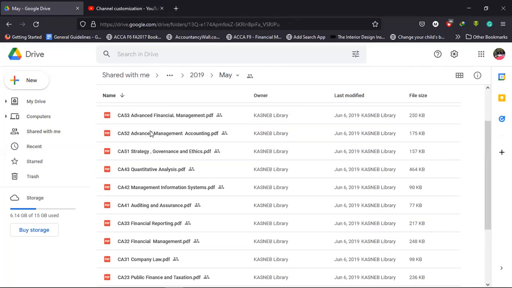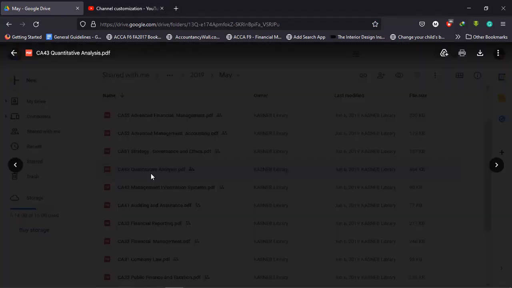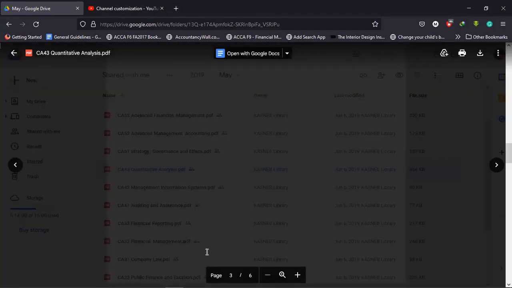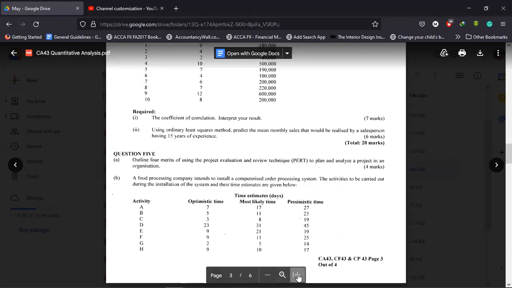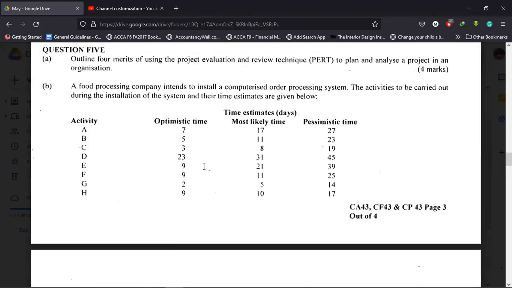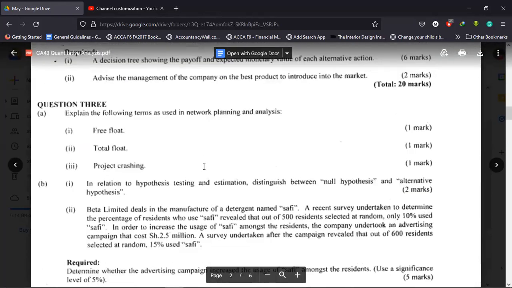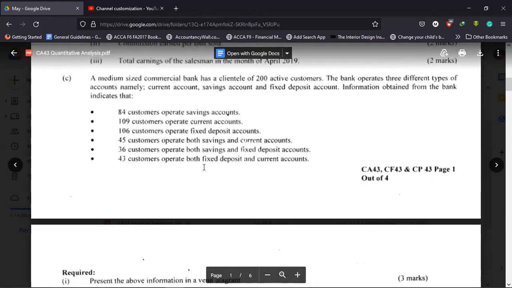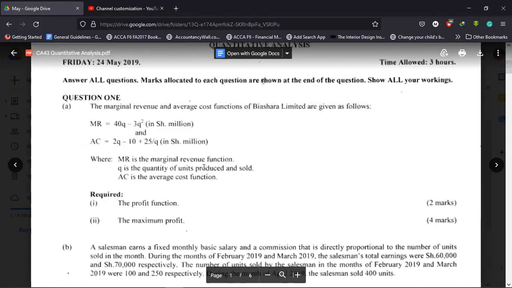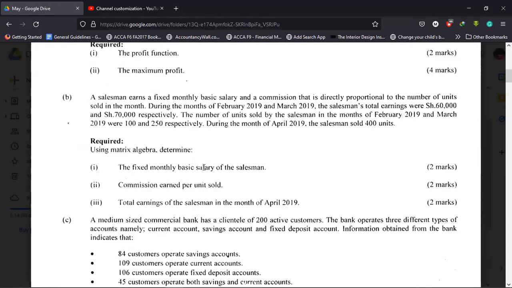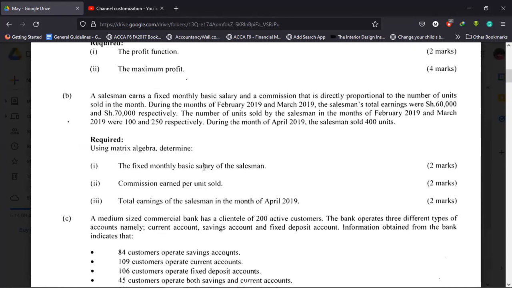Quantitative analysis was one of the senior units in section 4. They demoted it down here. Question 1B. Read the question, please.